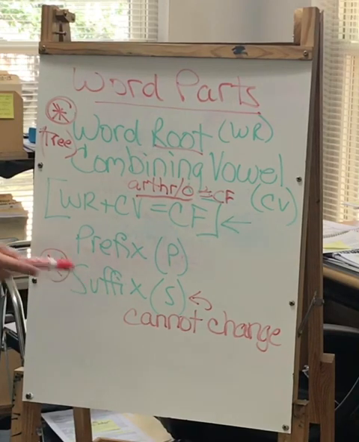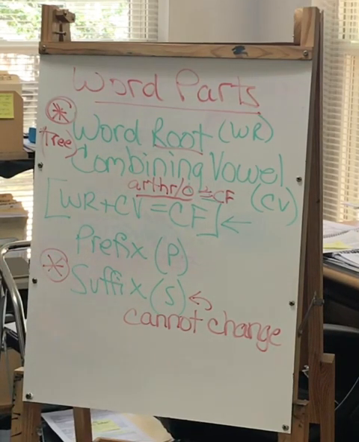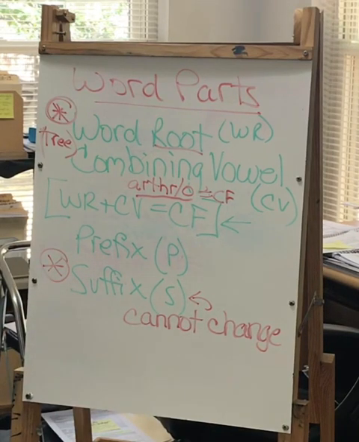The suffix comes at the end of the word, and when you start defining it, you start with the suffix, with your definition, and I'll talk about that in a second. It's labeled with an S. You absolutely cannot change it from what it is though. Okay, and I'll explain that in a second.